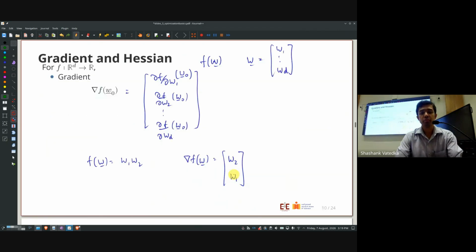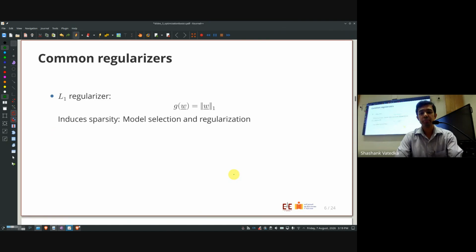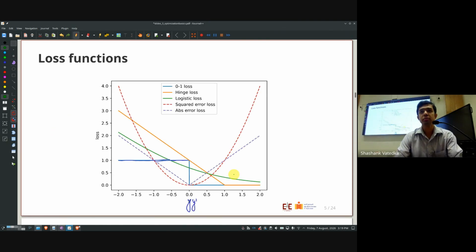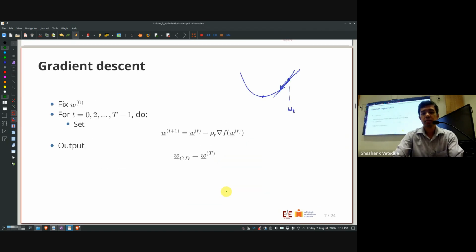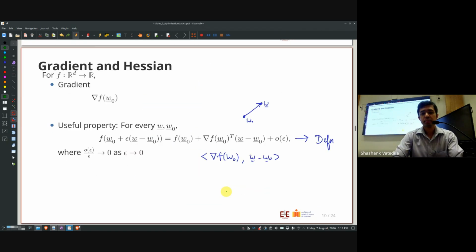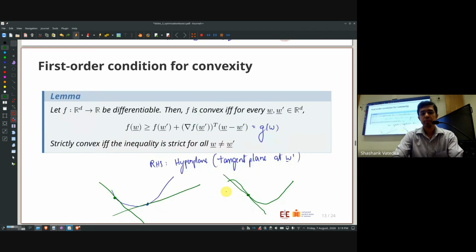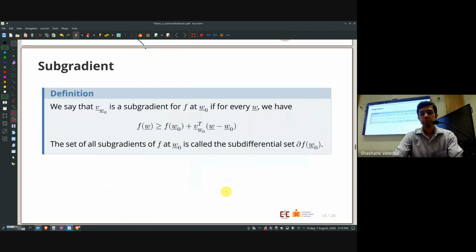Even if you go back to one of the examples that we saw earlier, the hinge loss, which we wanted to use as a surrogate loss function, this is not differentiable. It's not differentiable at this point 1, right?